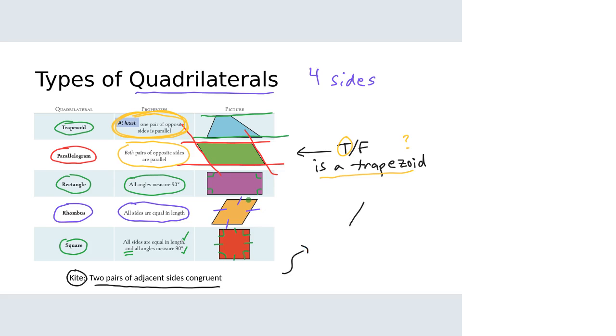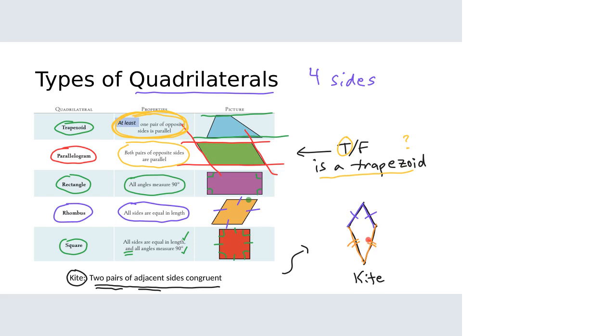So a kite is going to look exactly like you would think something called a kite would look. And we said that two pairs of adjacent sides are congruent. So in this kite, these two sides are congruent to each other, and these two sides down here are congruent to each other.